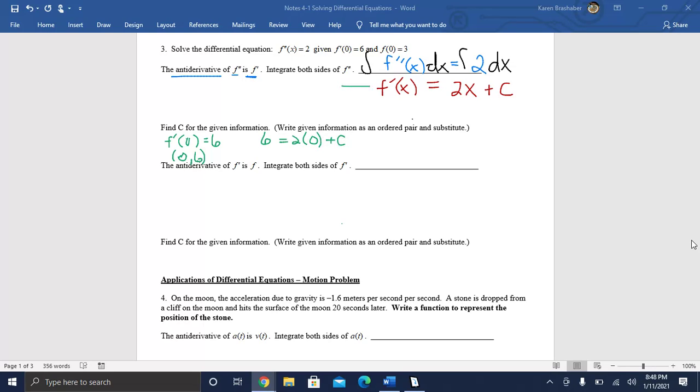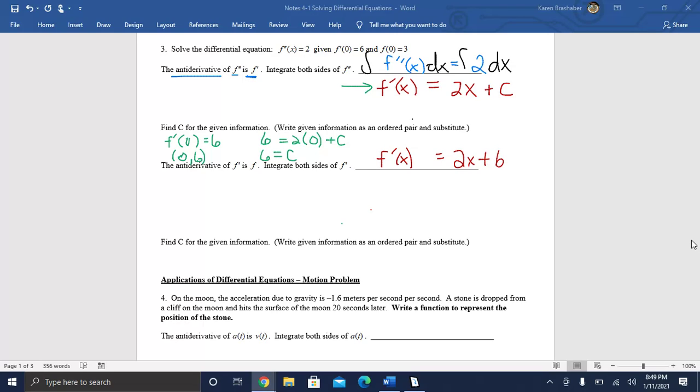So I'm using this f prime of x equals 2x plus c, plugging in the 0, 6, and that gives us a c value of 6. So our solution for f prime of x that has the ordered pair of 0, 6 is f prime of x equals 2x plus 6.